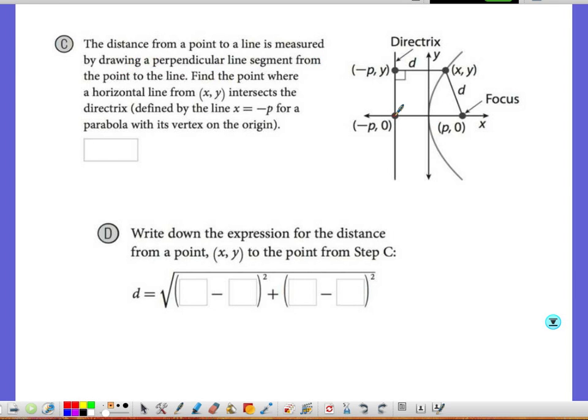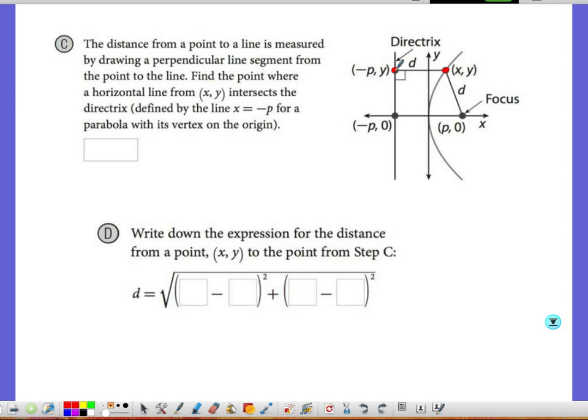So here, the distance from a point to a line is going to be, here is my perpendicular line segment right there. Find the point where a horizontal line through (x, y) intersects the directrix, defined by the line x equals -p for a parabola with its vertex at the origin.